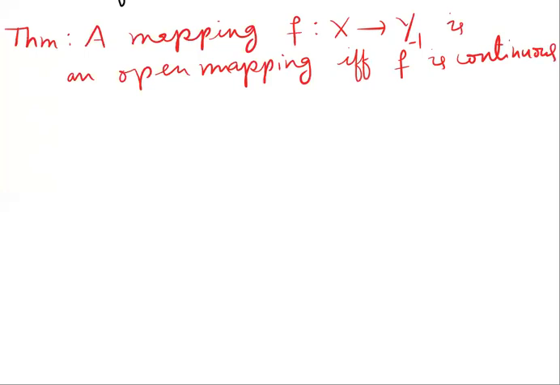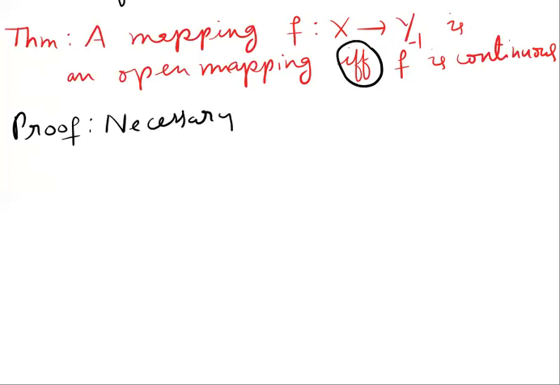Okay, so now we'll prove this. Remember, there is if and only if, so there are two parts. We have to prove the necessity, and then we have to prove the sufficiency. For the necessary part, what is given? Given f is an open mapping.